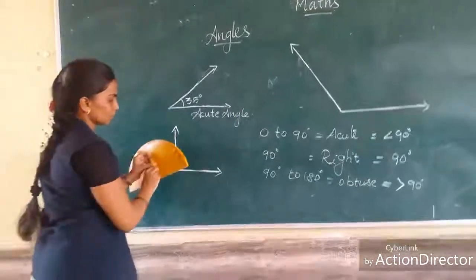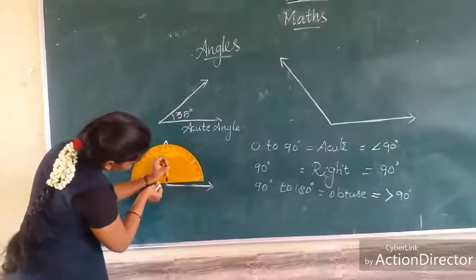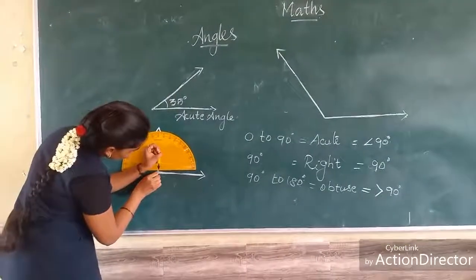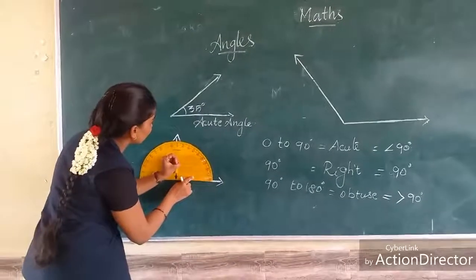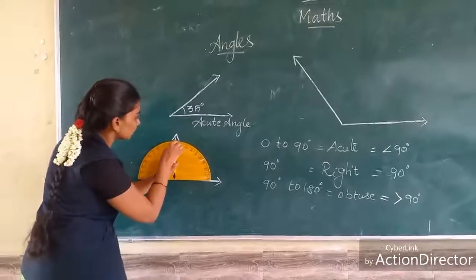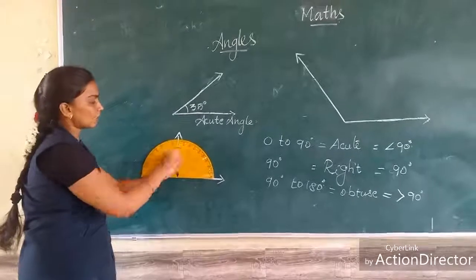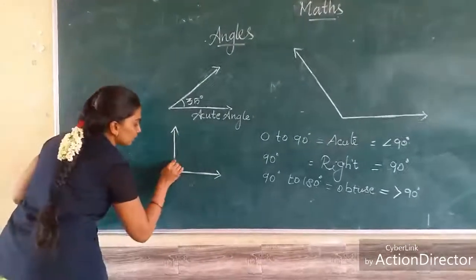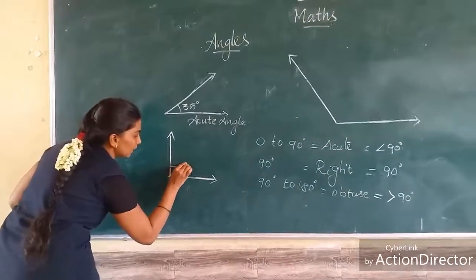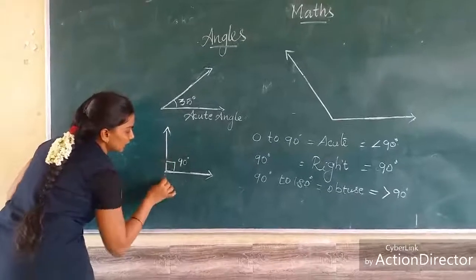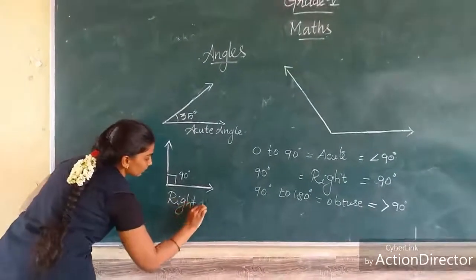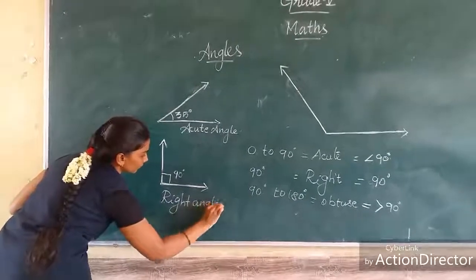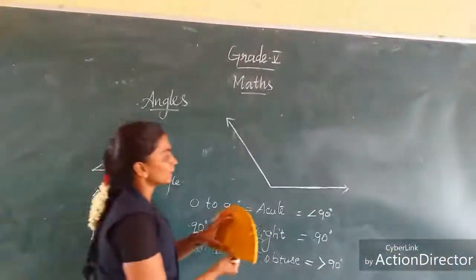Next, again we are going to fix in the center. Now what is the angle? See, same. What is the angle? 90 degrees. 90 degrees is a right angle. Next, look at here.